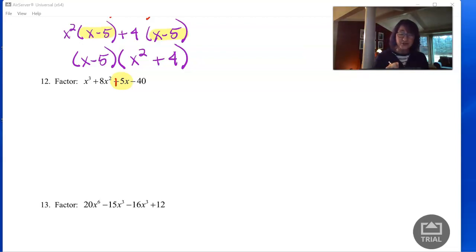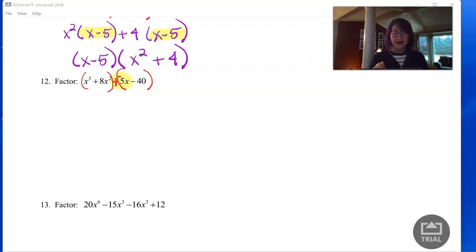I'm going to change that to addition and put my negative with that third term. You want to do that before you use grouping, before you put the parentheses around. So there I'm grouping my first two terms. I'm grouping my second two terms with that addition sign between the two.